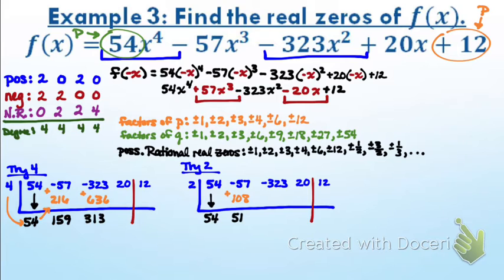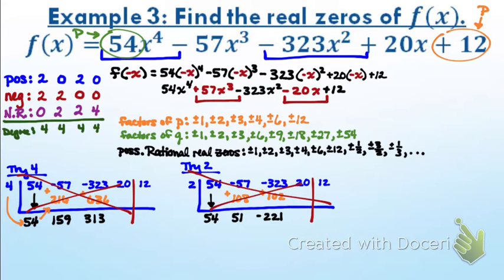And then I do 2 times 51. 102. Negative 323 plus 102. Negative 221. Is this one going to come out? No. All right, give me something else to try.